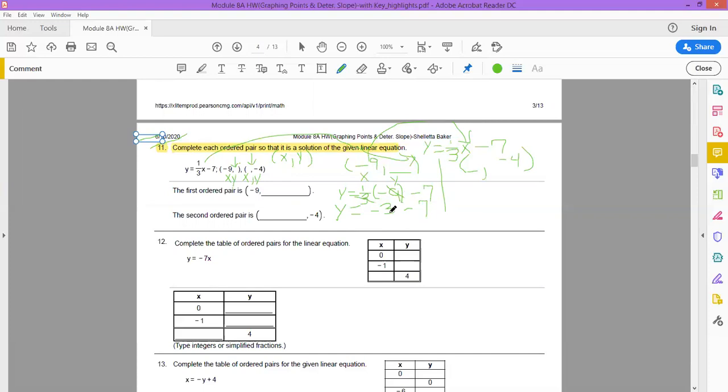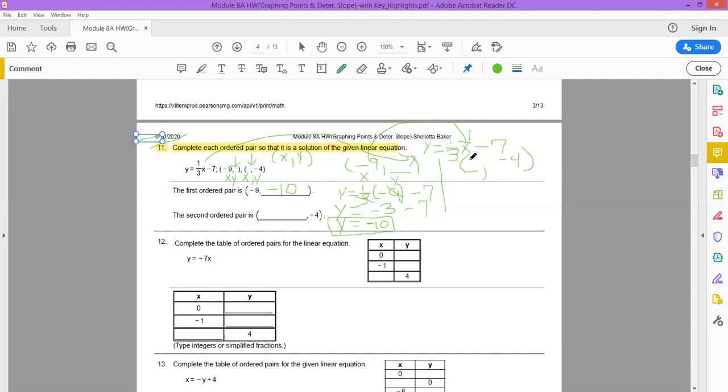And -3 minus 7 would give us -10. So for the first ordered pair, next to our -9, the y-coordinate, we would replace that space with -10.